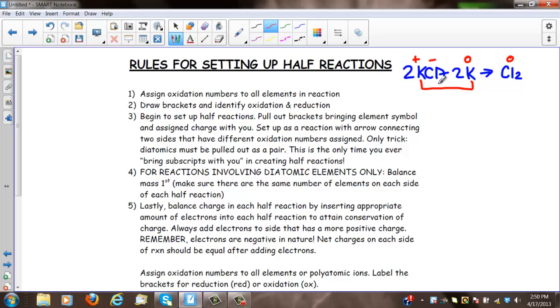Well, K plus going to K0 is becoming more negative, so it must be gaining electrons, and this is reduction. I'm going to label this RED, reduction. And then we have Cl minus going to Cl0. So this is becoming more positive, therefore it must be losing electrons, and this is oxidation.